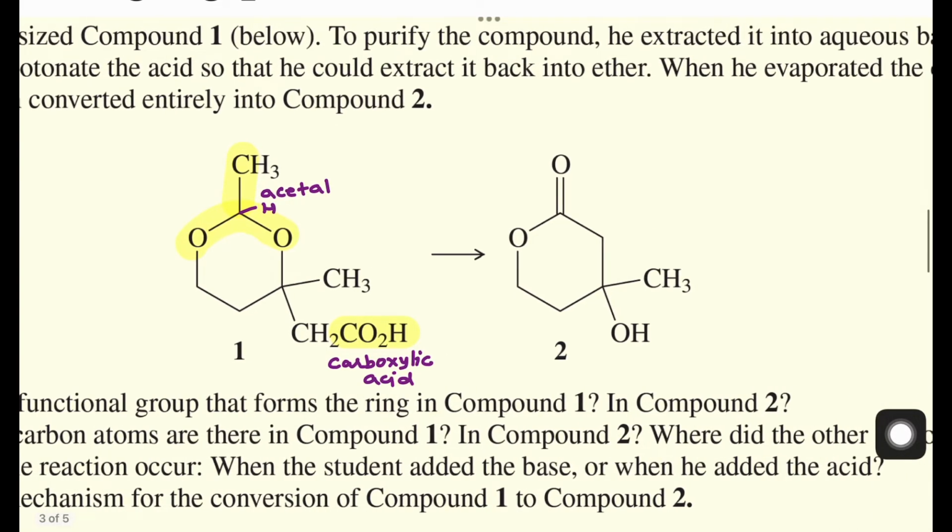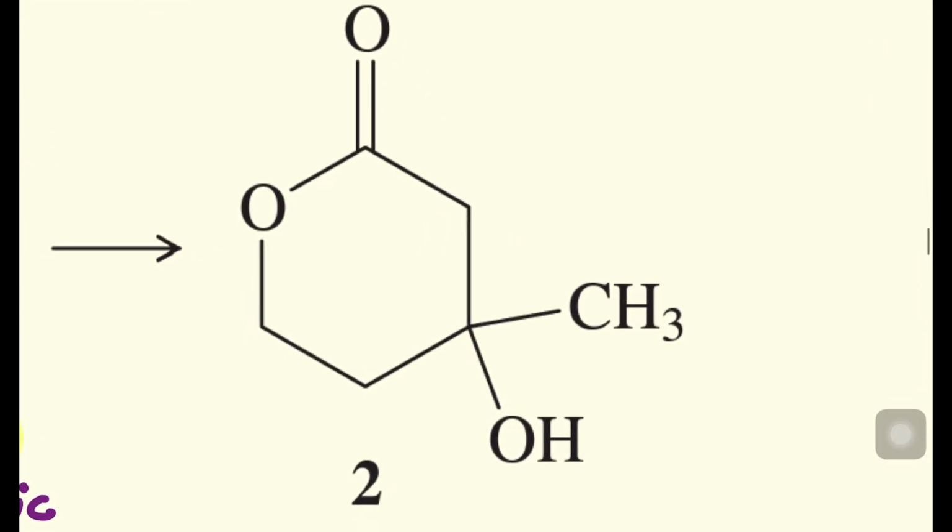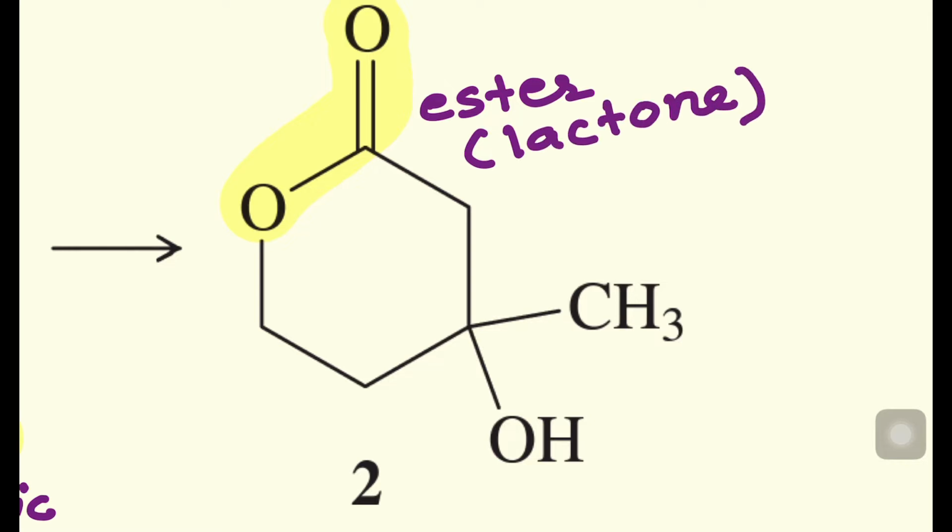In compound 2 also we have to find the functional groups. So let's see. This one is the first functional group we have, that is ester. And this ester is in a ring, which is also known as lactone. Ester in a ring is known as lactone.